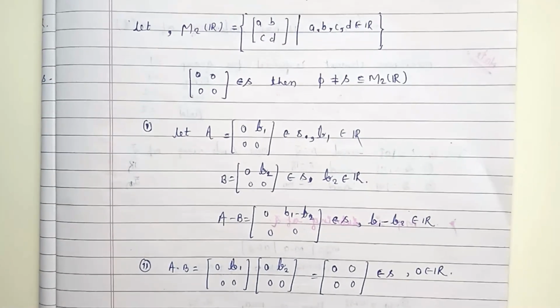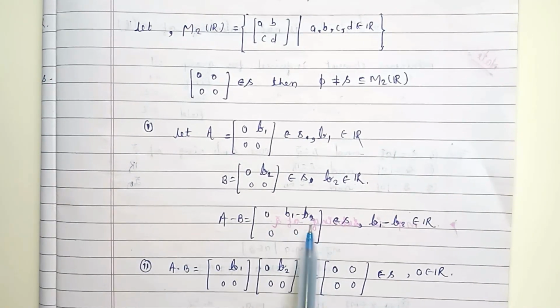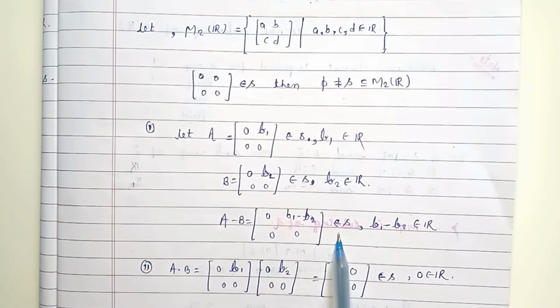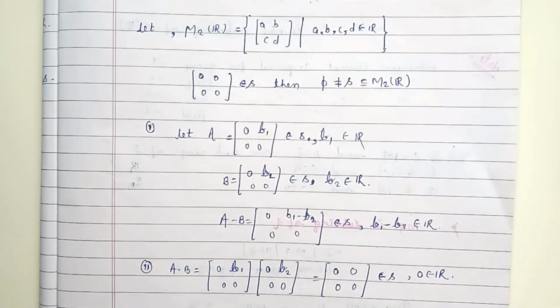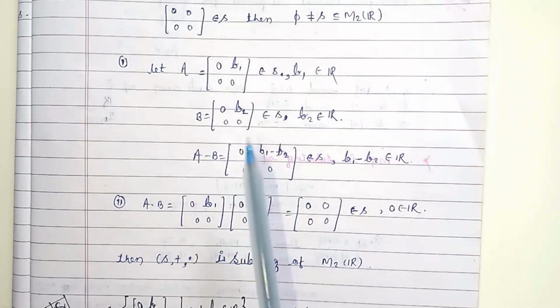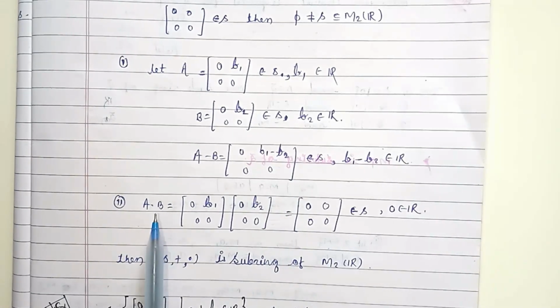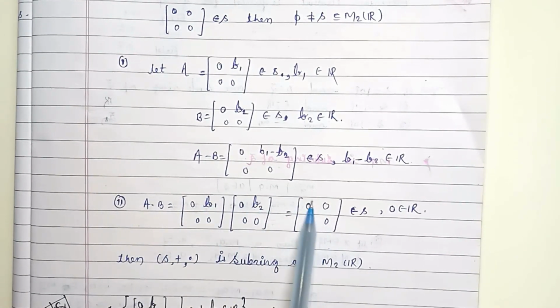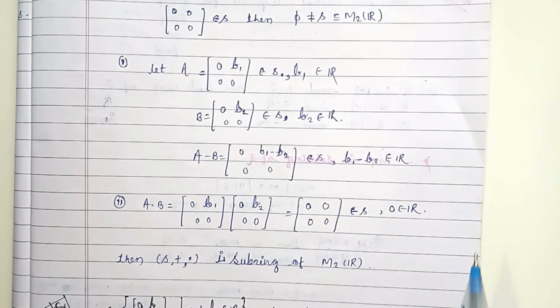So we find A minus B and A dot B. A minus B is the corresponding subtraction B1 minus B2, which also goes to our subring, and B1, B2 are from the real ring. So the first property holds here for the subring. Similarly for the second property, A dot B, taking the dot product we get 0, 0, which also goes to the subring. We know that 0, 0 is a non-empty element of our subring. So we can say that S under addition and dot is a subring of M2R.